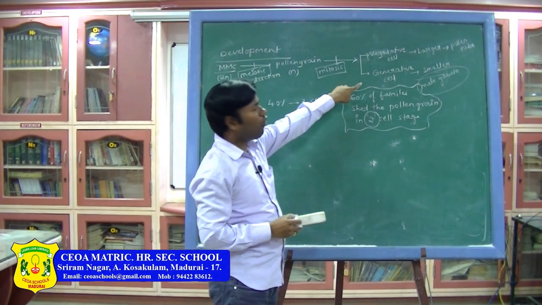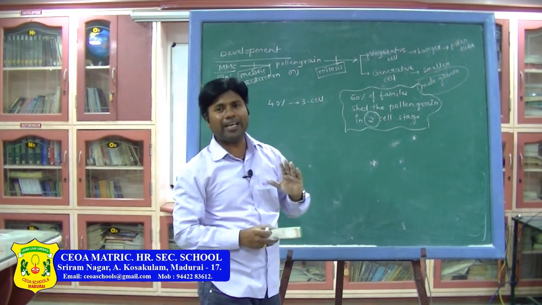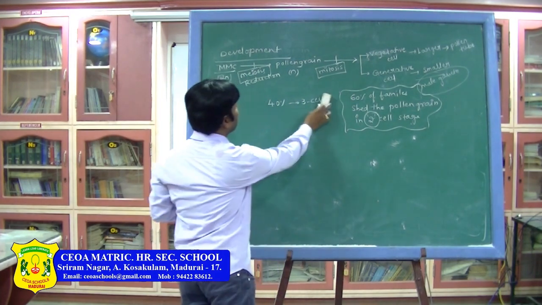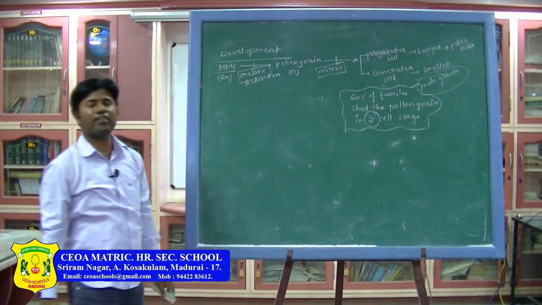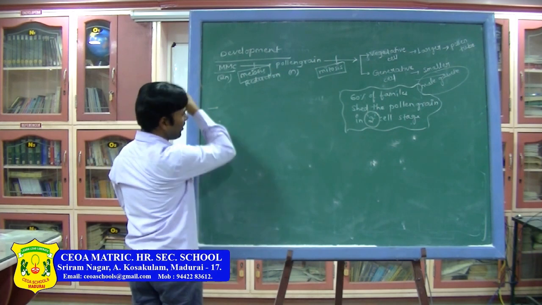This is before pollination. Before pollination, this happens in the male gametophyte. After the pollination, what happens? After pollination, the pollen grain falls on the stigma.